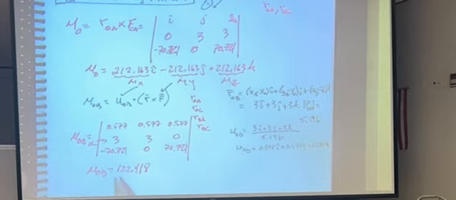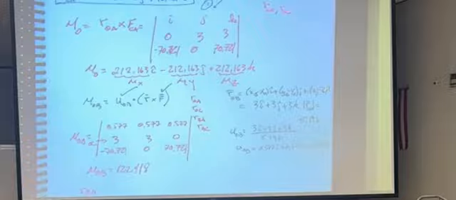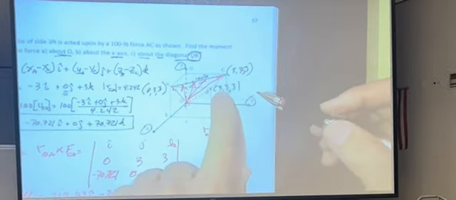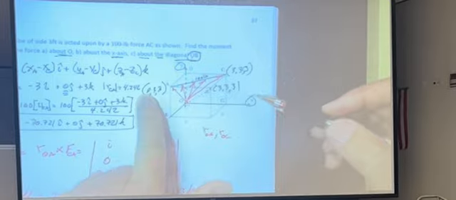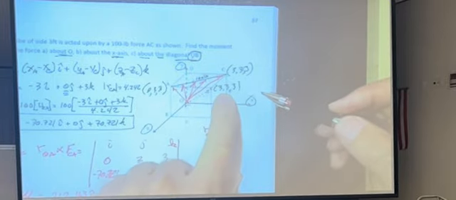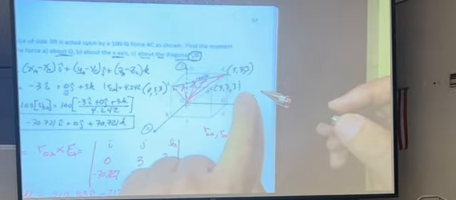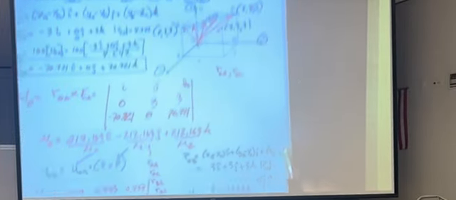I could also use R_BA. Well, what is BA? 3 minus 0, which is 3. I'm sorry, 0 minus 3, which is minus 3. 3 minus 3 is 0. 3 minus 3 is 0. That's even better.